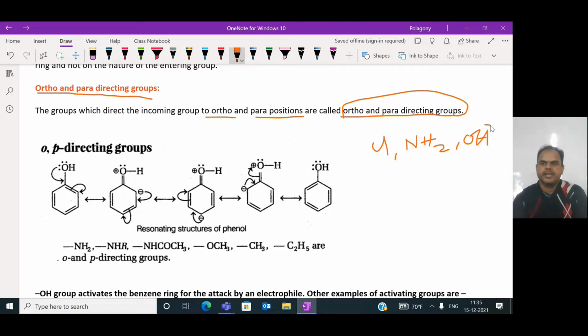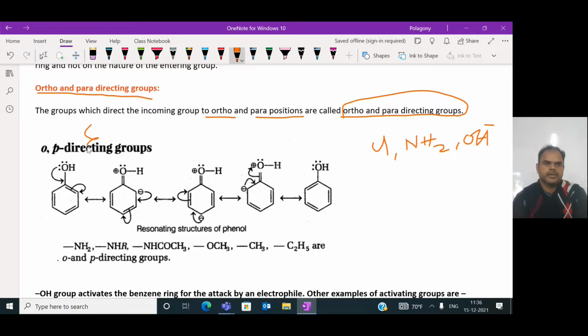Chlorine, NH2, OH: these are the functional groups that direct other substituents to attack on the ortho position and para position. Let us look into these ortho para directing groups.